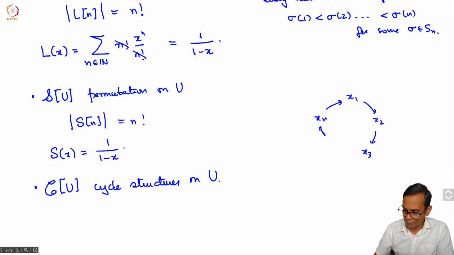But one of these elements has to be 1. So without loss of generality, we can take xn to be 1.